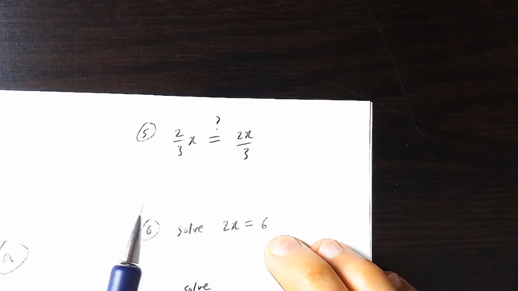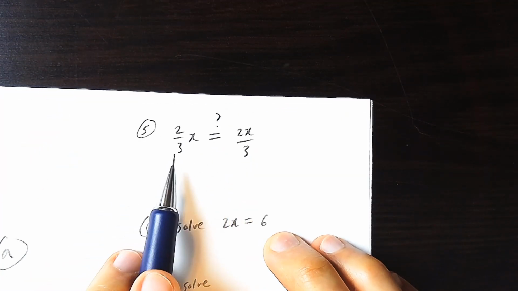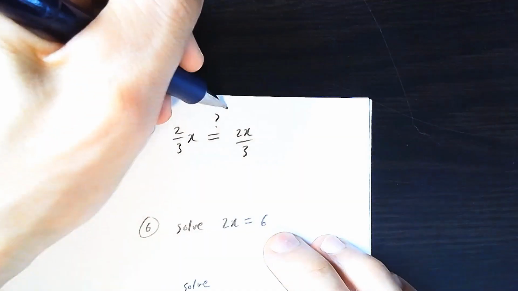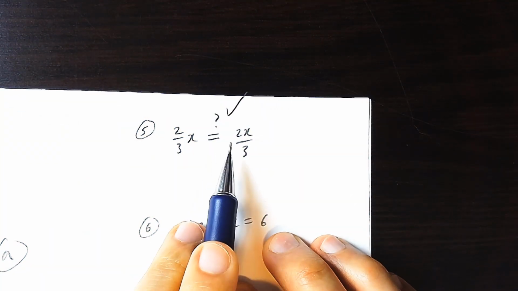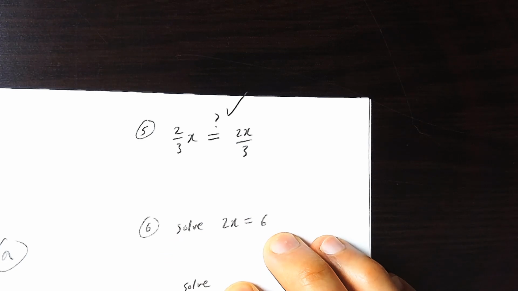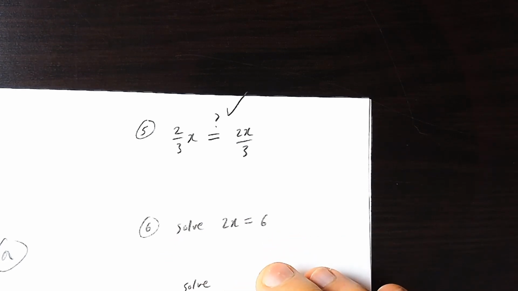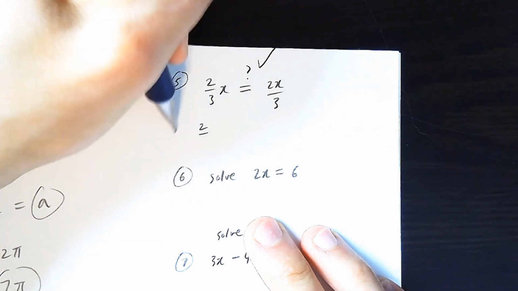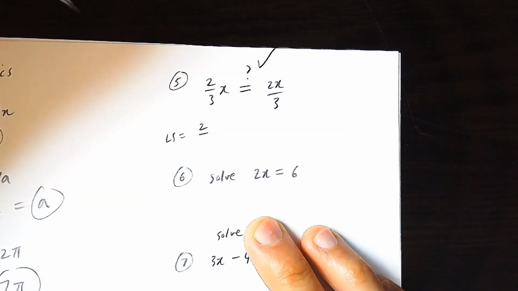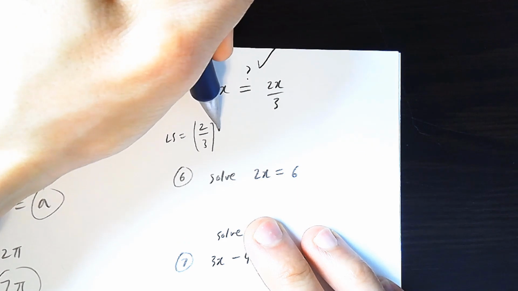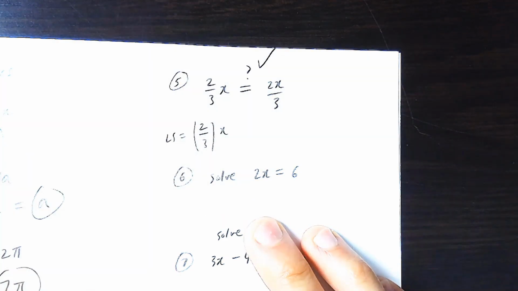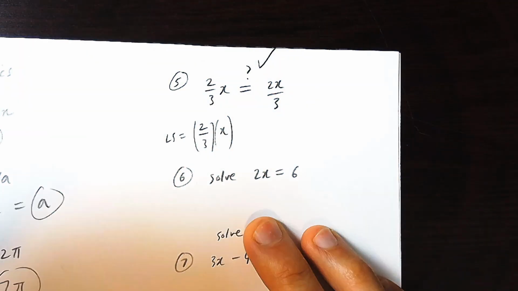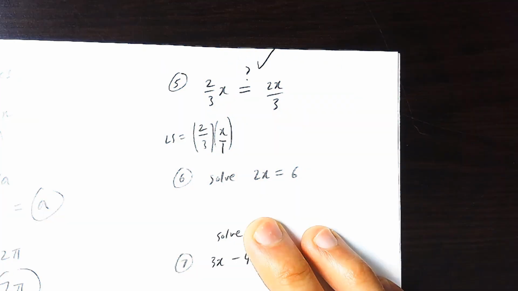Number 5. Now, why is this the case? Why is 2/3 x the same thing as 2x divided by 3? Let's practice some basic math here. This is the same thing as 2/3, so the left side is the same thing as 2/3 multiplied by x. Now when we say multiplied by x, that's the same thing as x divided by 1.